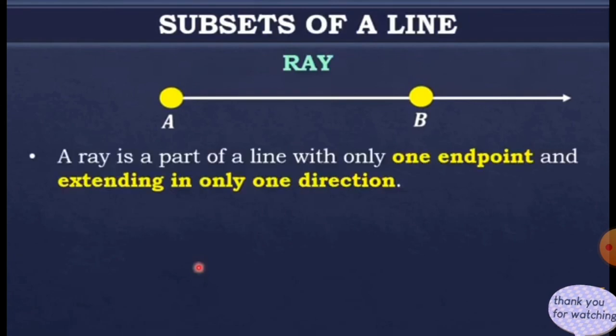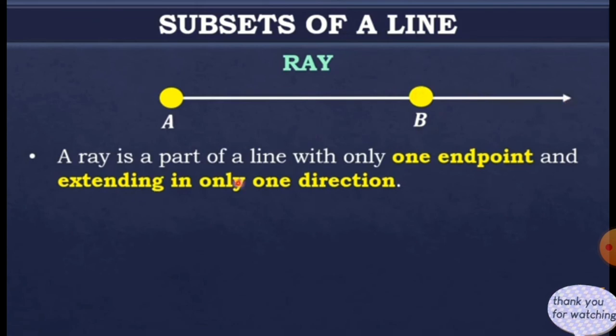Okay, so what is ray? So as you can see, it is also a part of a line with only one endpoint. So ang difference niya sa line segment, ang line segment hanggang dito. Ang line segment may 2 endpoints. Okay? Pero pag sinabi nating ray, meron lang po siyang isang endpoint and yung isa ay infinite.